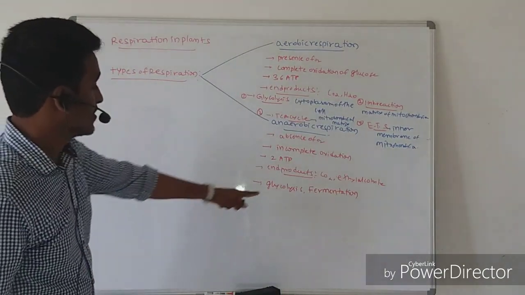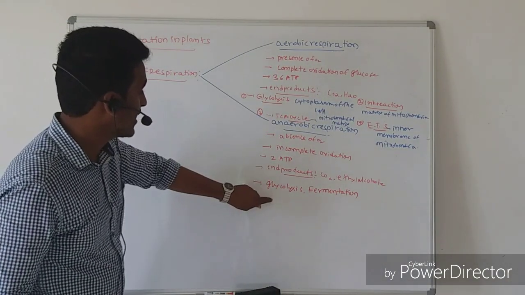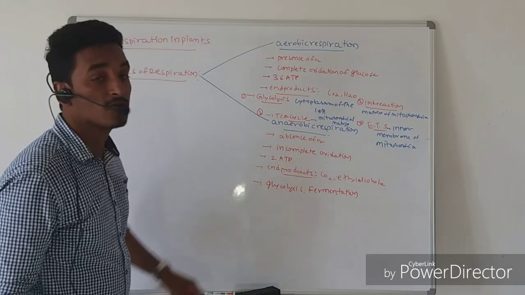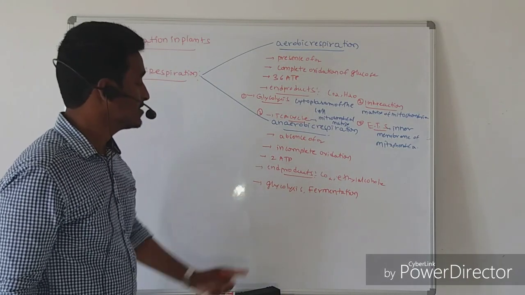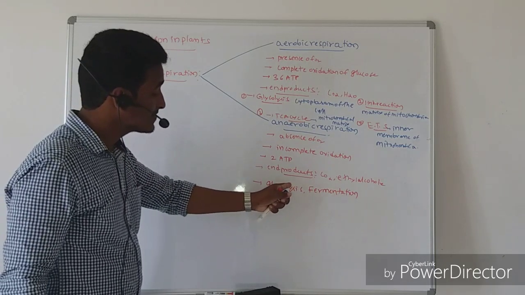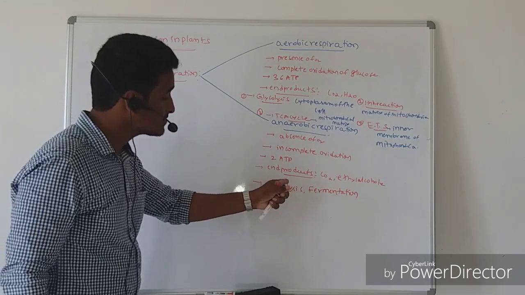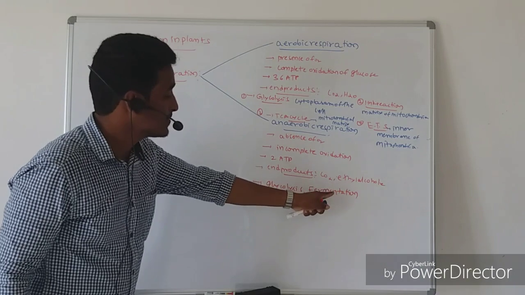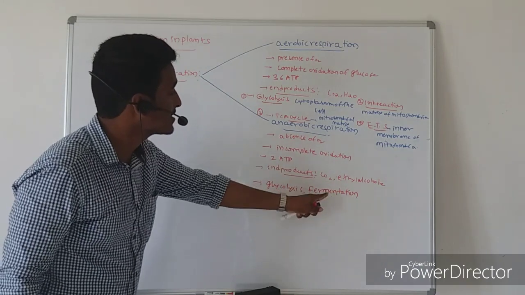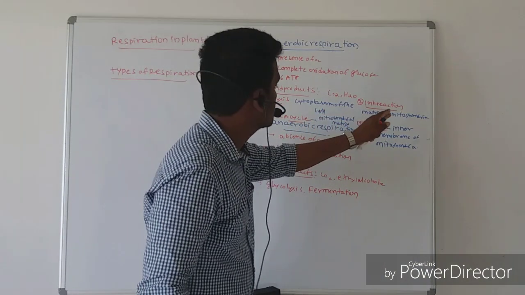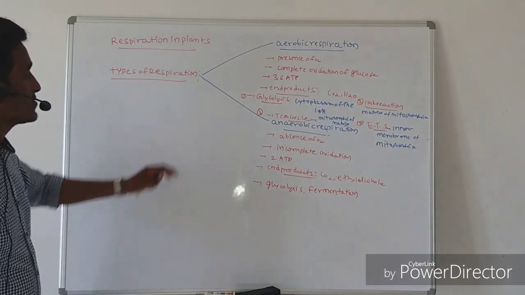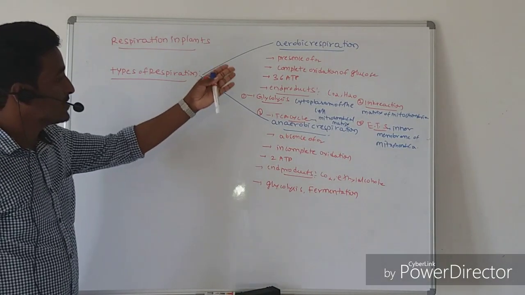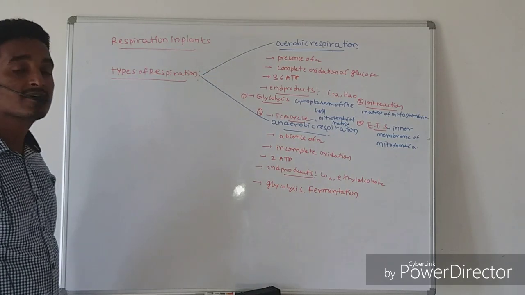Glycolysis is common to both aerobic and anaerobic respiration. At the end of glycolysis we get pyruvate, which participates in fermentation in anaerobic respiration, and in the link reaction in aerobic respiration. We will discuss that further. So those are the differences between aerobic and anaerobic respiration.